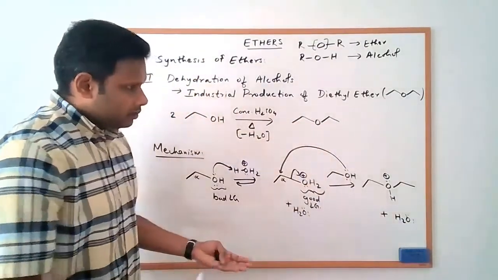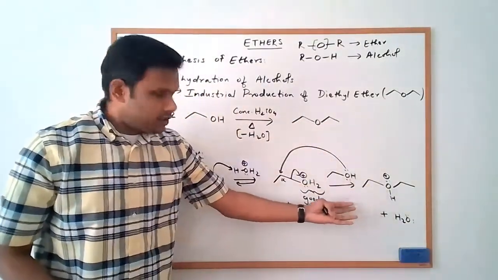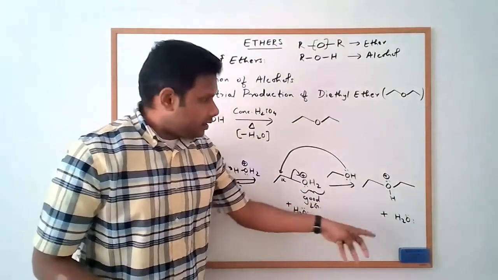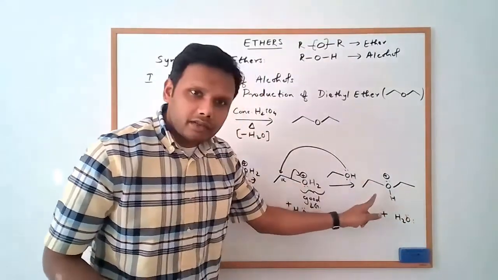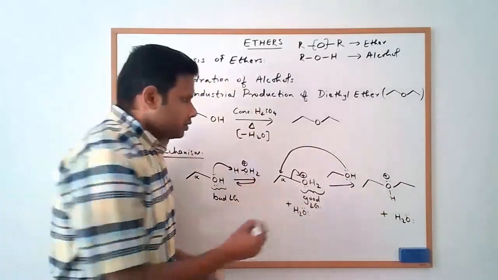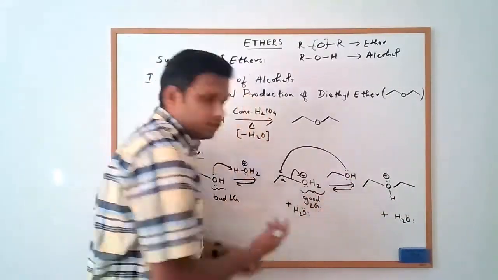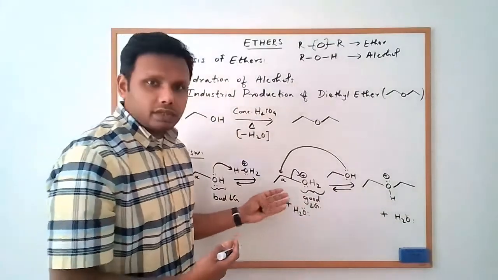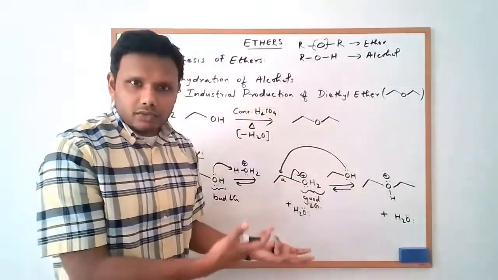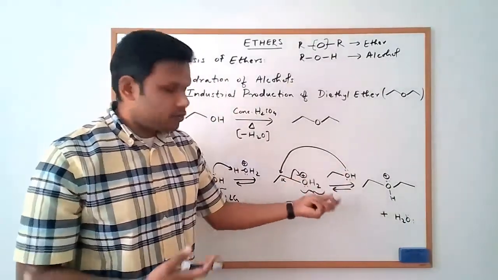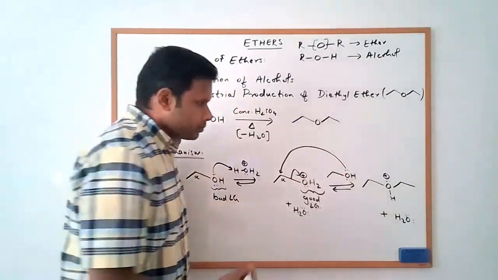At this stage, it is very likely that the water molecule can go and attack one of these alpha carbons and take us back. So this process is also under equilibrium because it can go forward and backward. It is a reversible reaction, so it is going to reach equilibrium at some point.